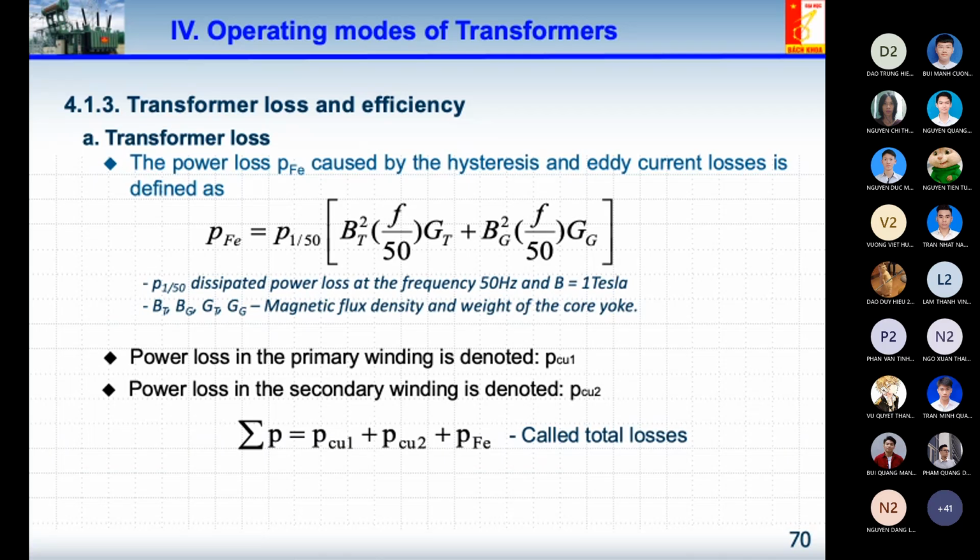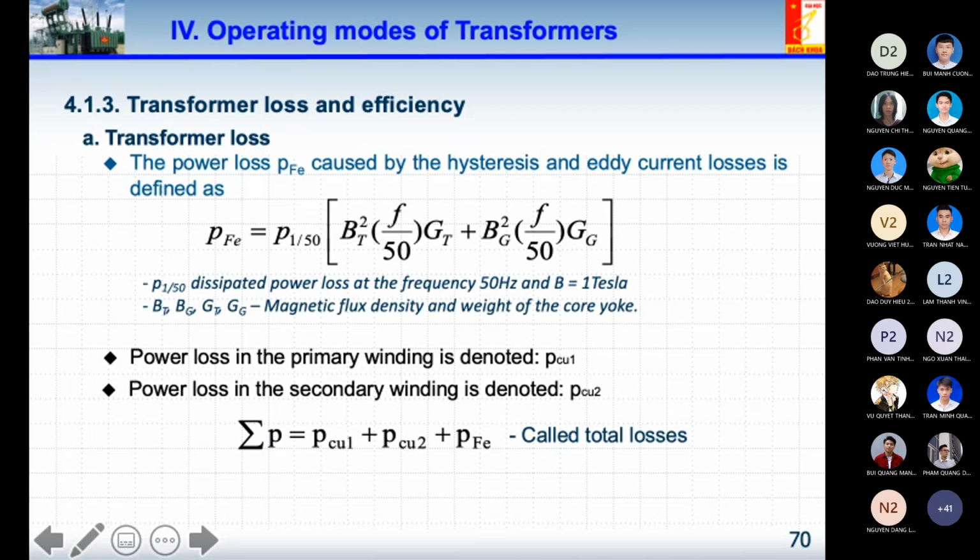Now, how to define the power loss of the iron core? Based on the hysteresis and eddy current losses, we can define the power loss denoted by Fe by this expression here. And of course, this method is the analytic method to compute the power loss.